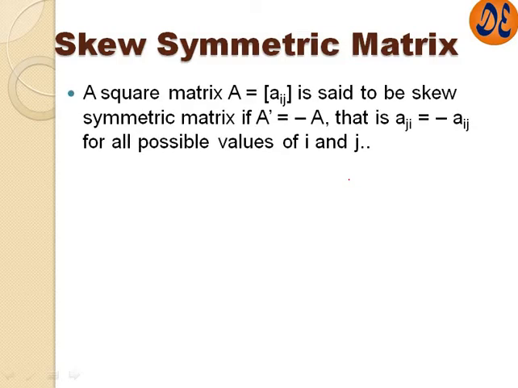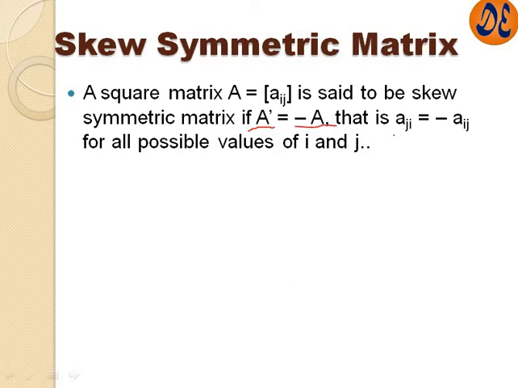Now the second, skew symmetric matrix. What is a skew symmetric matrix? Again, a square matrix is said to be a skew symmetric matrix if the transpose of A is equal to negative A. That means if we transpose a matrix, its value is the same as when we multiply the matrix by -1.